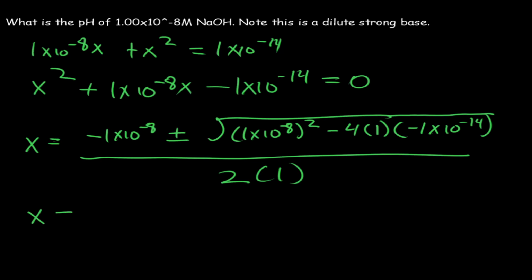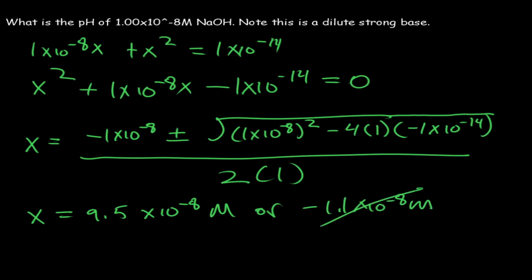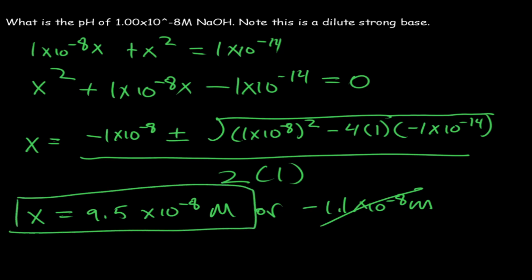And we get a value of 9.5 times 10 to the negative 8th molar, or we also get a value of negative 1.1 times 10 to the negative 8th molar. We don't use a negative concentration, so we can ignore that. And we know our final value of x is 9.5 times 10 to the negative 8th.